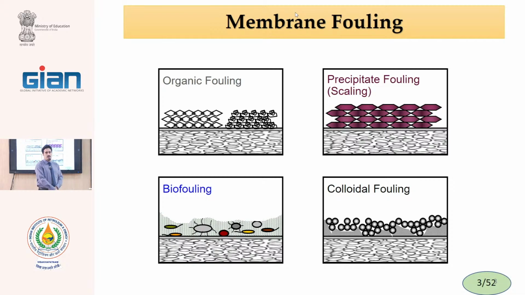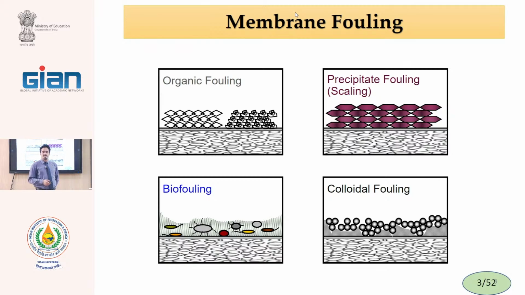Generally, we have 4 types of fouling. One is colloidal fouling. That means the fouling agent is colloids and particles. Particle fouling or colloidal fouling. Why say colloidal?